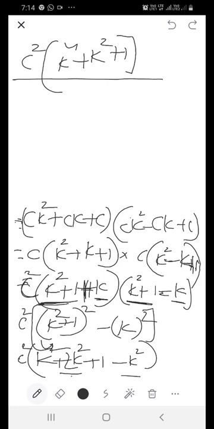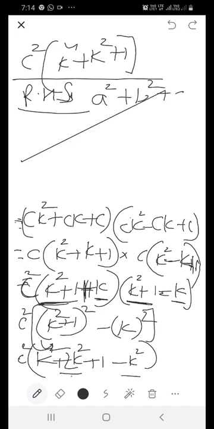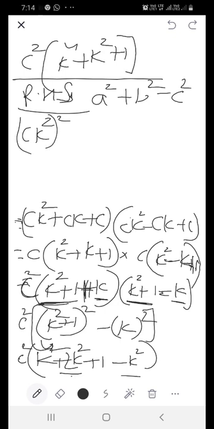Now I am taking the right hand side. Right hand side it is A square plus B square plus C square. And for A square I will write it as CK square whole square. B square will become CK whole square and plus C square.